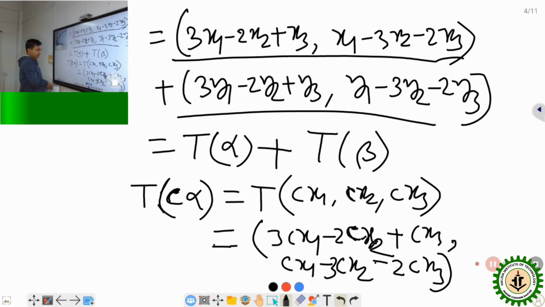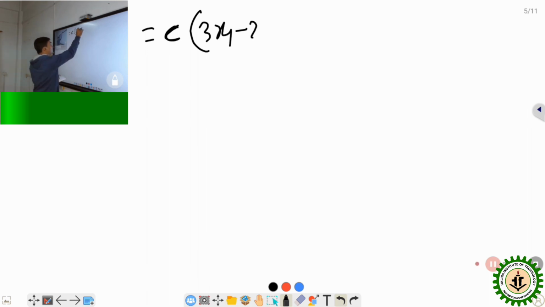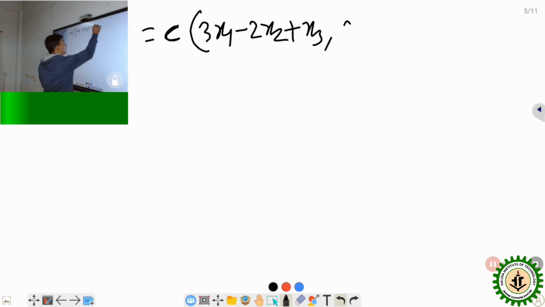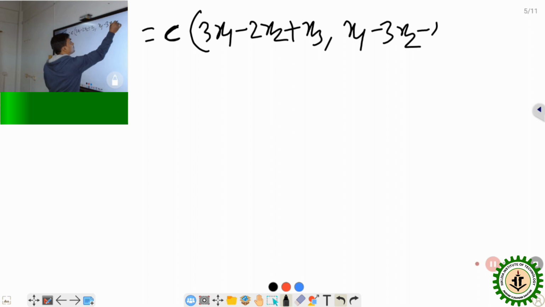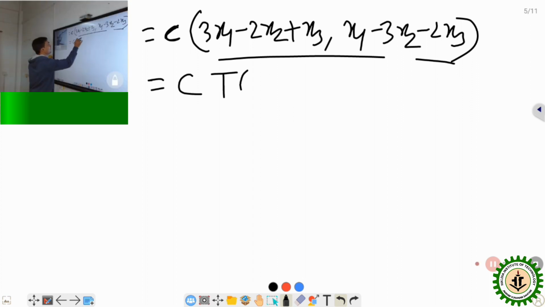If we simplify, it will be C into (3x1 minus 2x2 plus x3, x1 minus 3x2 minus 2x3). This is nothing but C into T alpha. So both the conditions hold for this mapping T.